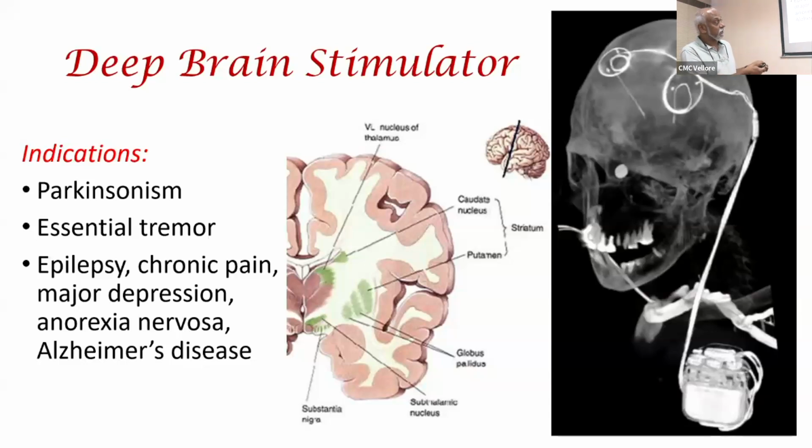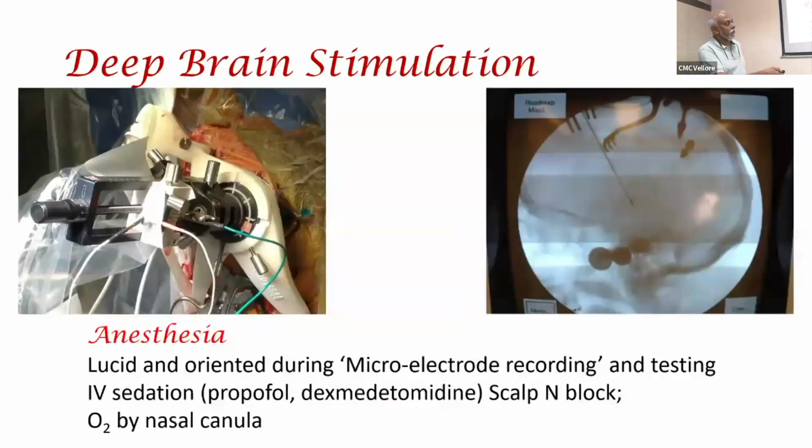So you put it directly and record what they call microelectrode recordings. You can make out whether the tip is in the subthalamic nucleus or substantia nigra. Then they stimulate it, and if the patient has tremors, you see whether it's controlled. But you don't want to cause over-rigidity either, so it's a balance.